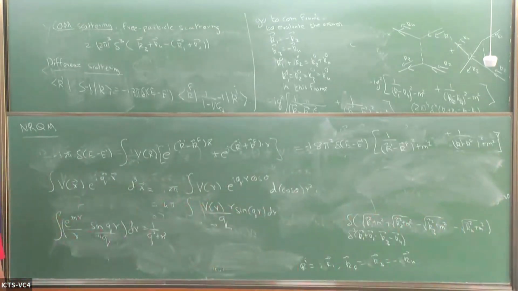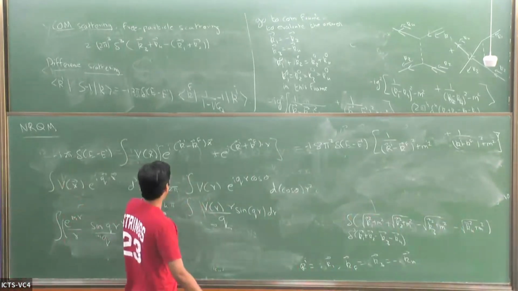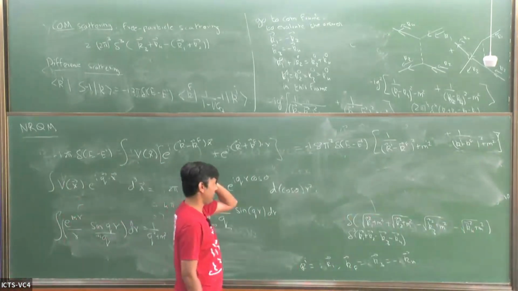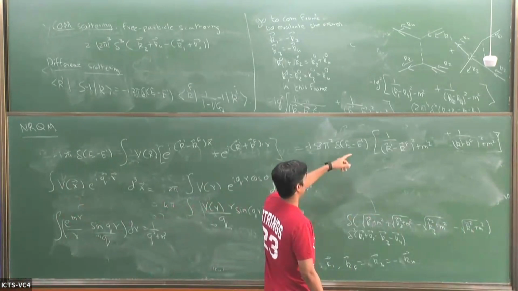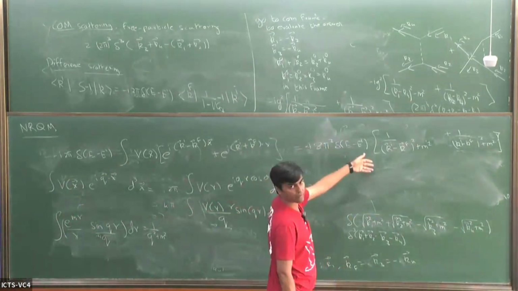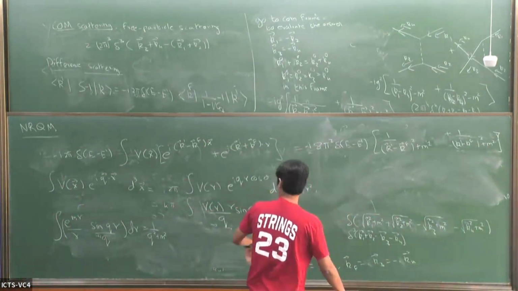So if you take V to be this potential, I'm trying to keep track of factors as best as I can. I don't know if I've kept track of them very well. Then this answer becomes this. V is e to the minus m r by r.